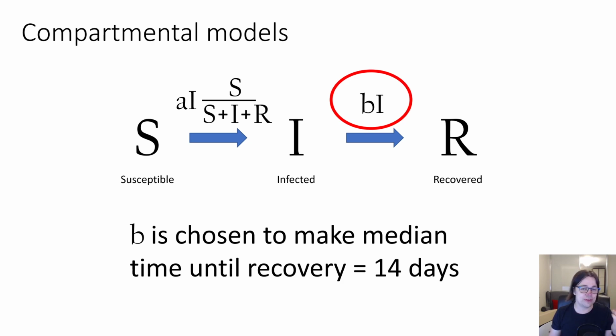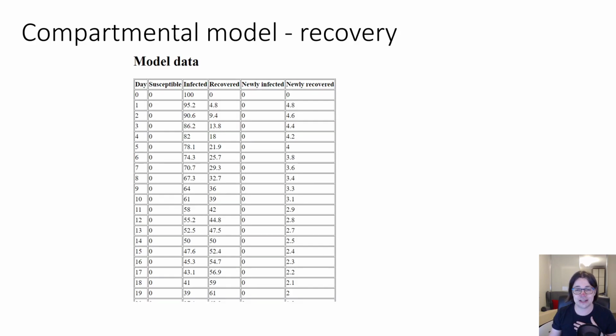The constant b is chosen to make the median time until recovery equal 14 days. So we worked out exactly what b has to be to make 50% of people recovered at 14 days. And it turns out to be 4.8%.